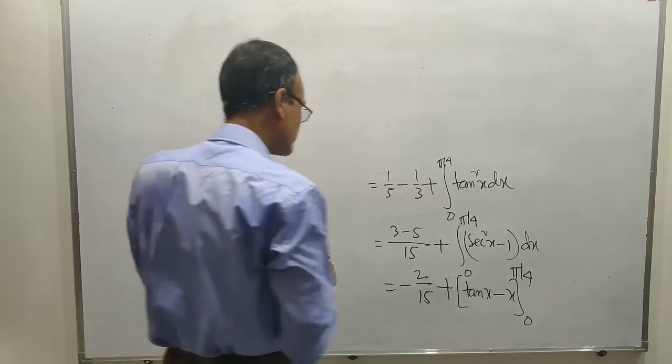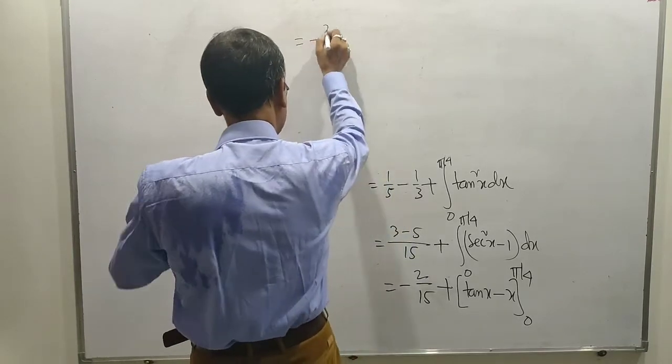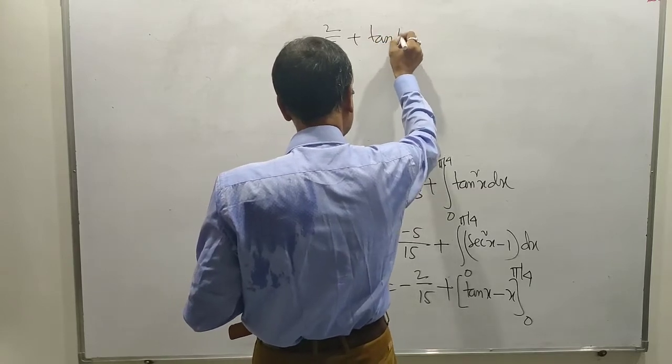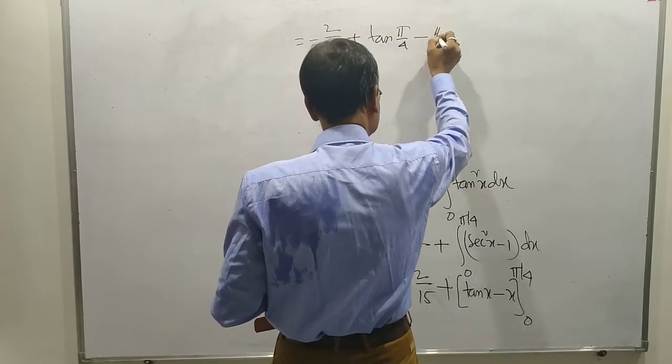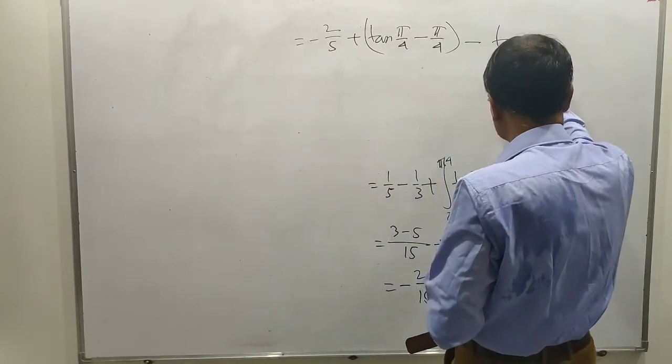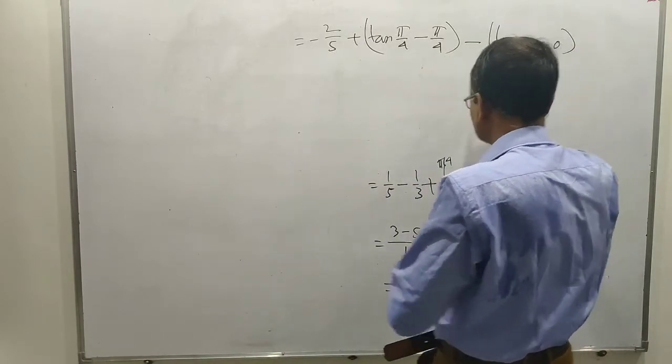Now, this is equal to minus 2 by 15 plus tan pi by 4 minus pi by 4 minus tan 0 minus 0.